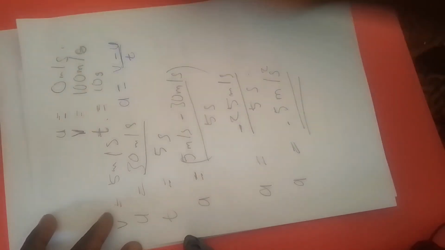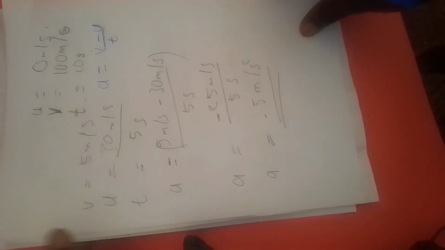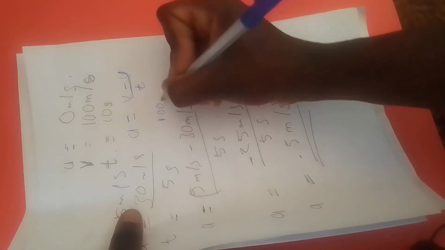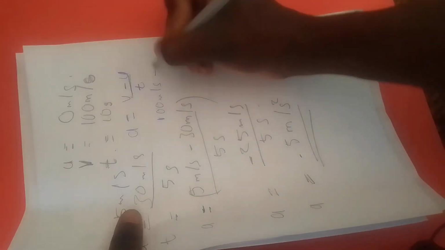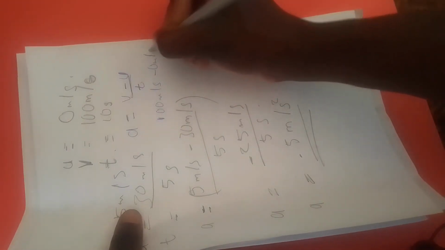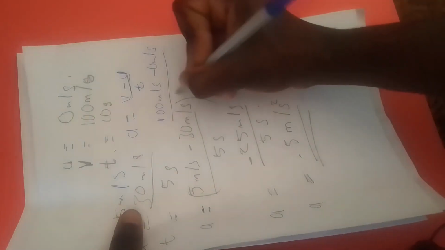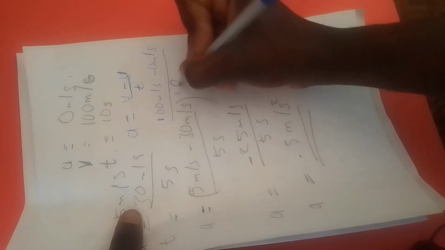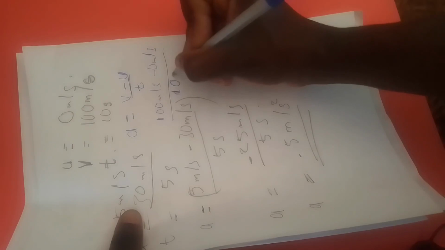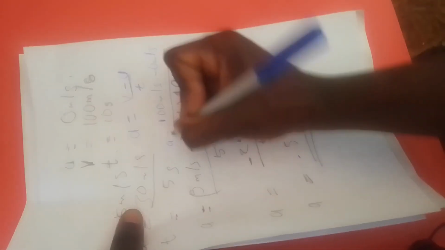Over time t. We can see that the final velocity is 100 meters per second, minus 0 meters per second, over time 10 seconds. So a is equal to this.